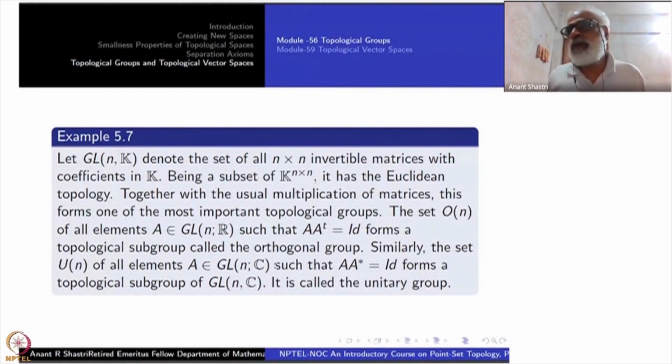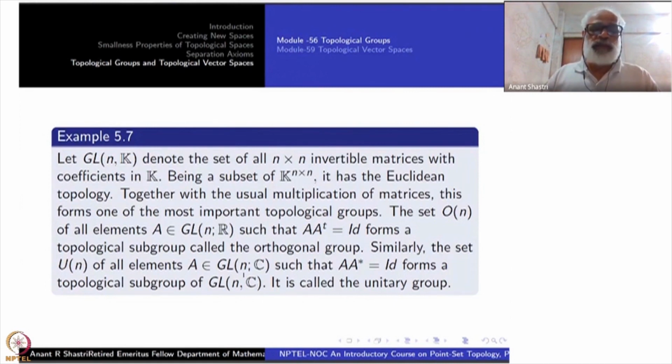For writing the inverse, you have Cramer's rule, which says take the adjoint matrix, where each entry is again a polynomial in the original one. Then each entry you have to divide by the determinant of the given matrix. So that's also another polynomial, right? So that is the whole idea of this GL(n,C), and GL(n,K) in general.